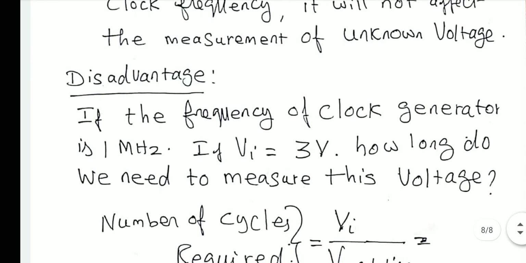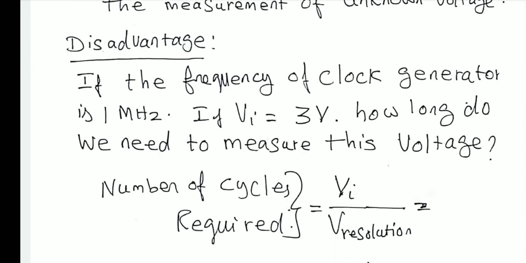But this method also has some disadvantage. This voltmeter also has a disadvantage. If the frequency of the clock generator is 1 megahertz and VA is 3 volt, the disadvantage is the time taken to convert this 3 volt into digital bits.